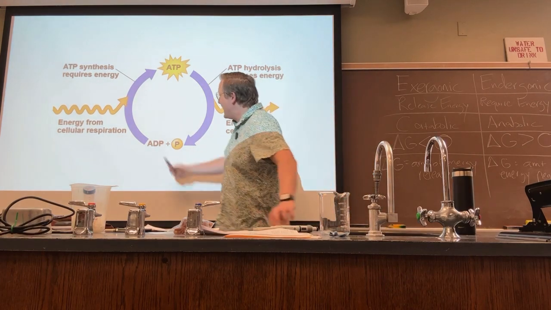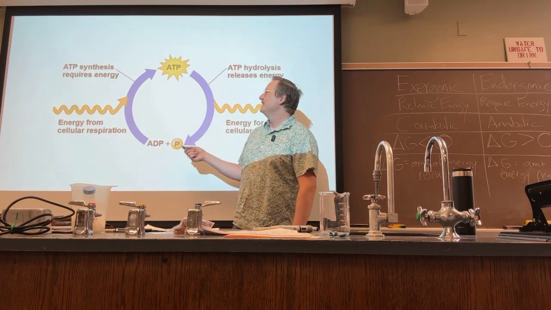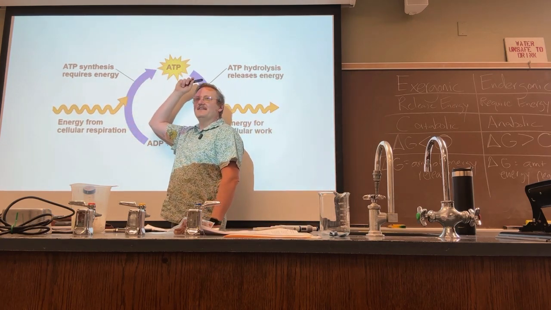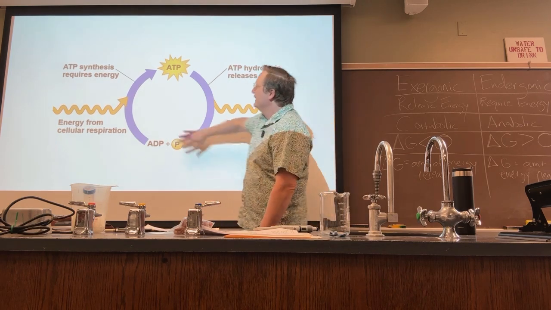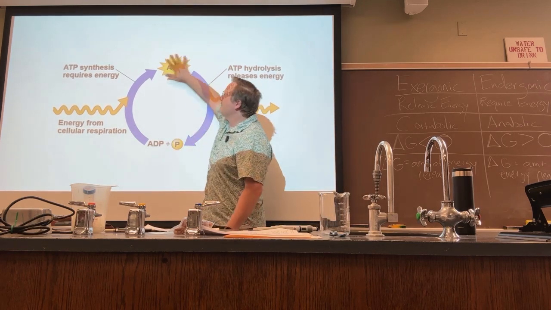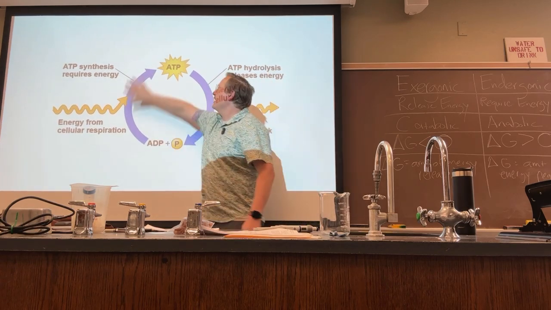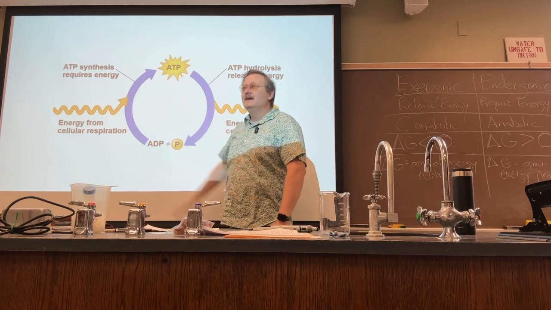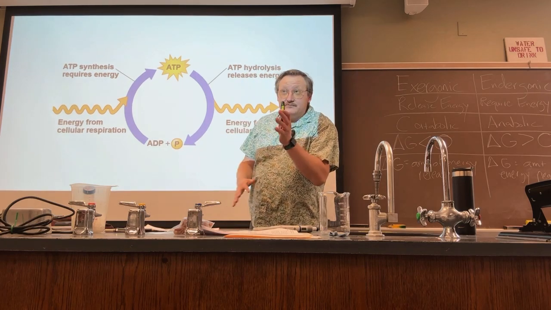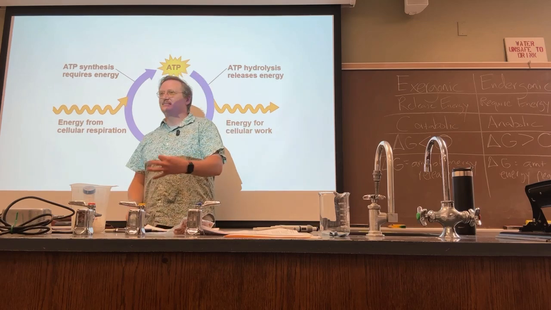This generates ADP and an inorganic phosphate group, which then can be joined back together with an energy input. So you've got here essentially an anabolic reaction and a catabolic reaction, or an endergonic reaction and an exergonic reaction, okay? And it's being driven by the process of cellular respiration.